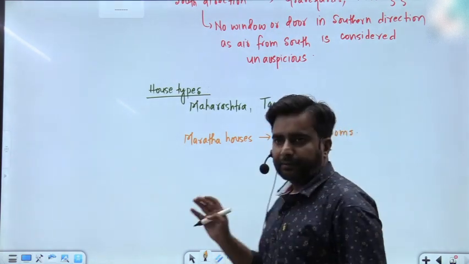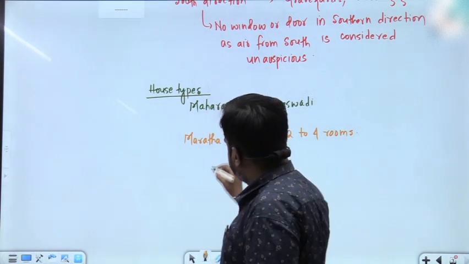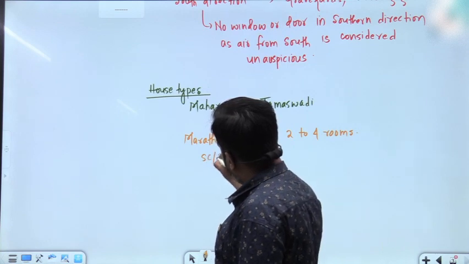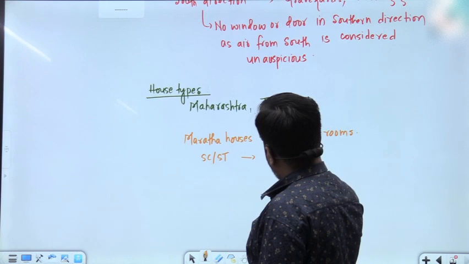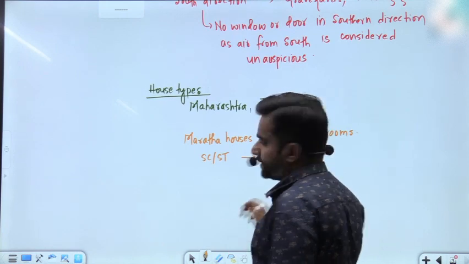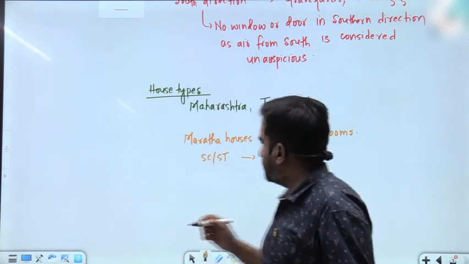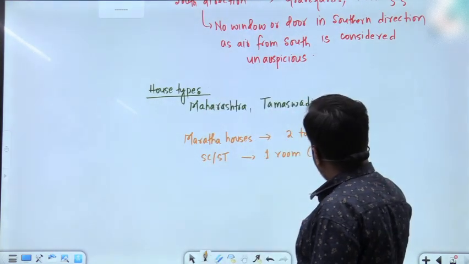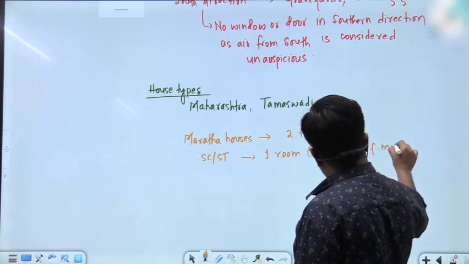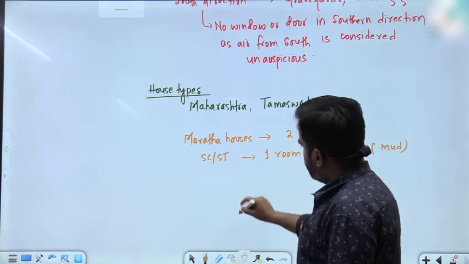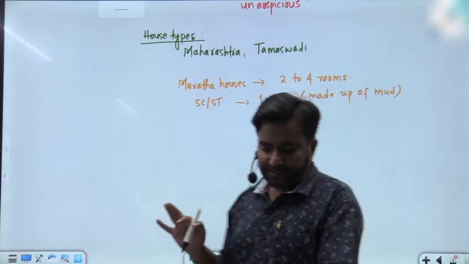If somebody is, let's say, scheduled caste or scheduled tribe, maybe 1 room, mostly a single room, and that too made of mud. So this is the difference between the Maratha house and SC and ST.